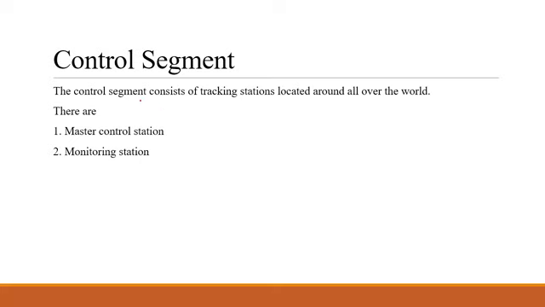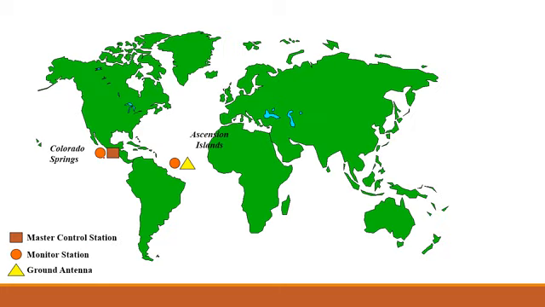Coming to the second segment of GPS, which is the control segment. The control segment consists of tracking stations located all over the world. There are two parts, which are the master control system and the monitoring system. It can be seen from here. For example, this one is the master.